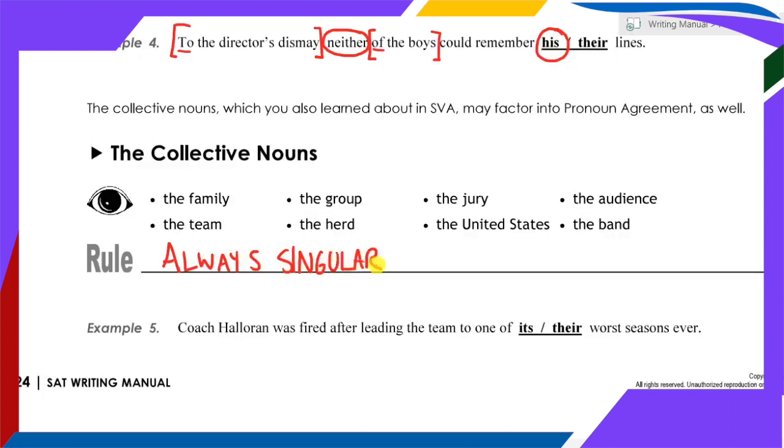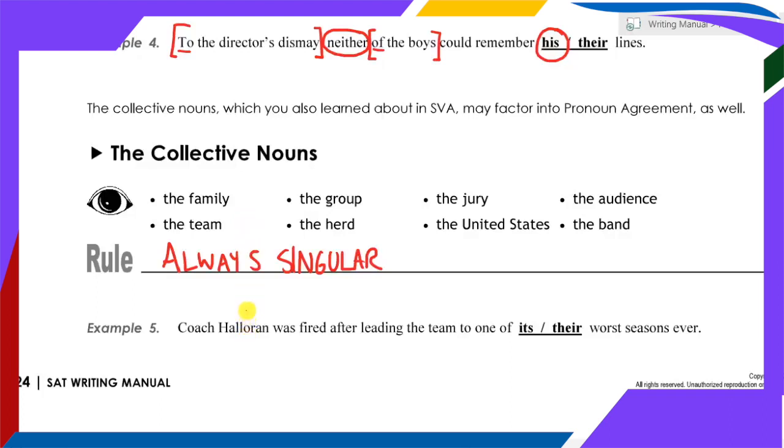So the collective nouns, remember, are just nouns that name a group of people or things, like the family, the group, the jury, the audience, the team. And these nouns are always singular on the SAT. If we have a pronoun referring to a collective noun, that pronoun must also be singular.